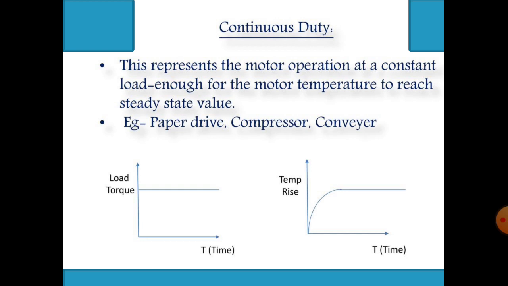Next, we draw the graph between time and temperature rise. We start at 0 and the temperature increases until it reaches the steady state value. The applications of continuous duty are paper drives, compressors and conveyors.